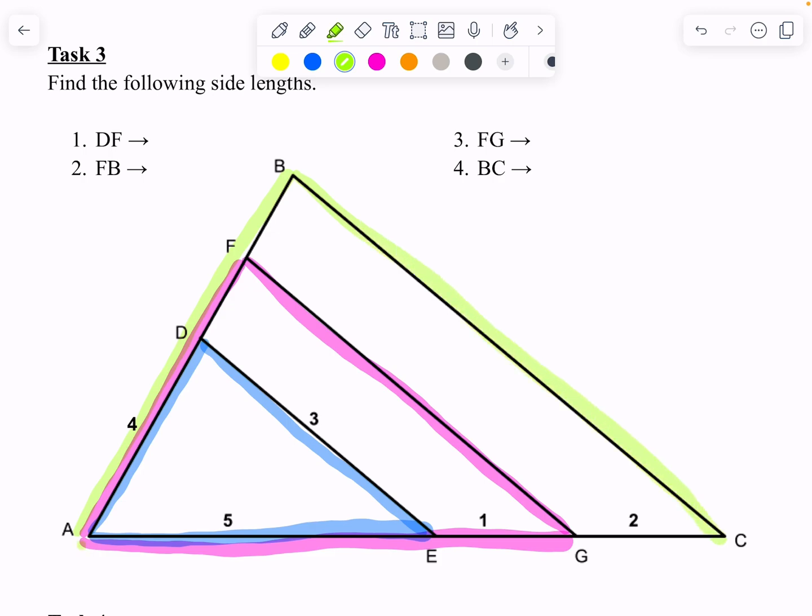So again, remember that we have in our back pocket that we can use part to whole or part to part whenever we want to. They both work. So the first thing that I'm asked for is DF.